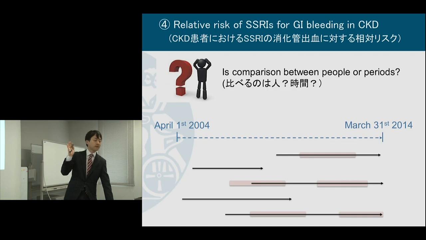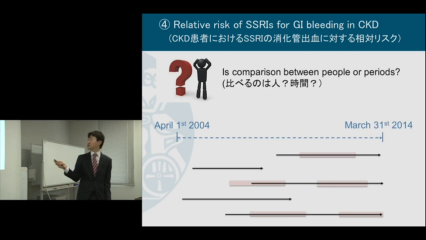If the outcome was cancer incidence, probably I should choose this option, because once a patient is exposed to a drug, they may be at risk for cancer later. But in the case of GI bleeding, generally we can expect that the risk of GI bleeding is increased only at the time of drug prescription.